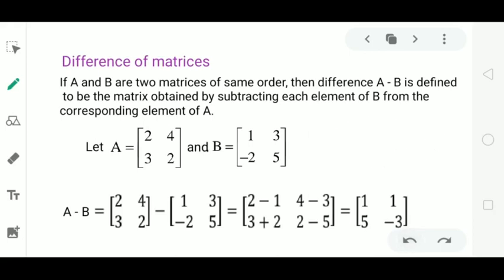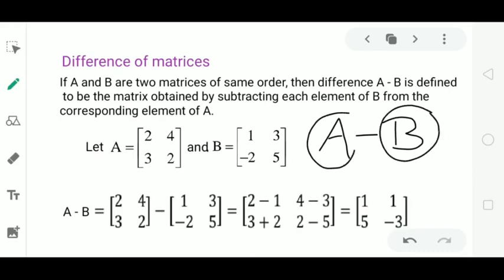Similarly, in case of matrices, if A and B are two matrices, then A minus B implies subtraction of matrix B from matrix A. Remember that here we are dealing with matrices, not numbers. Matrices will have some elements. Then how can we subtract matrix B from matrix A?